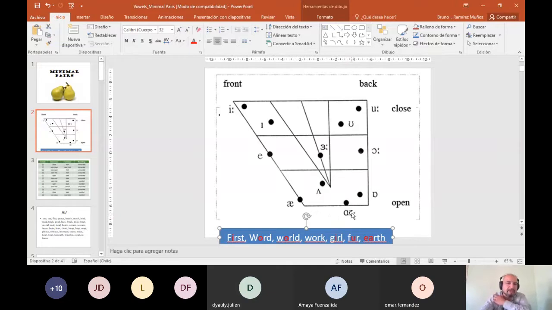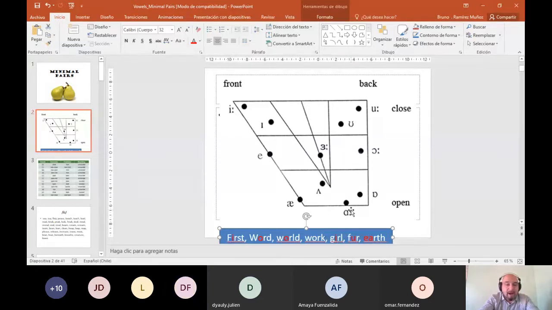So I'm going to say this in Spanish. The sound /ɑ/ is not the same as the Spanish a, because in this one the tongue goes further back and the mouth opens more to pronounce it than the Spanish a.